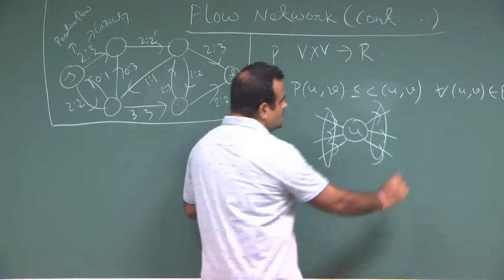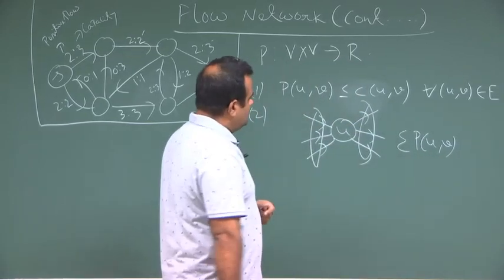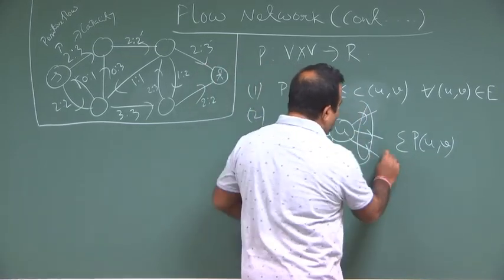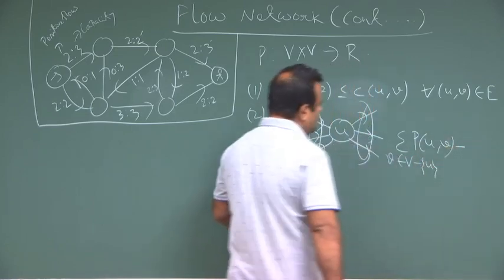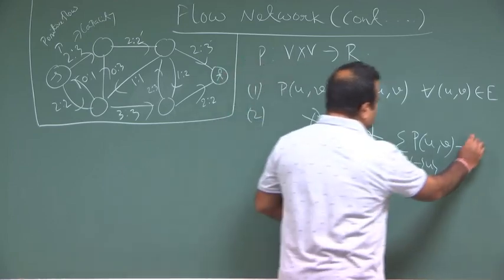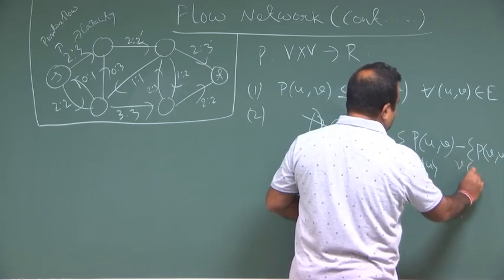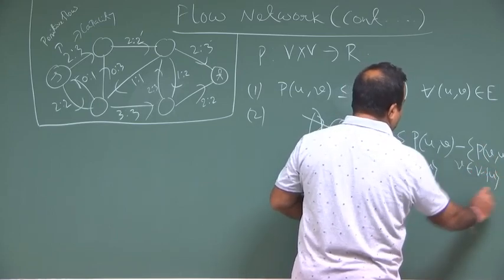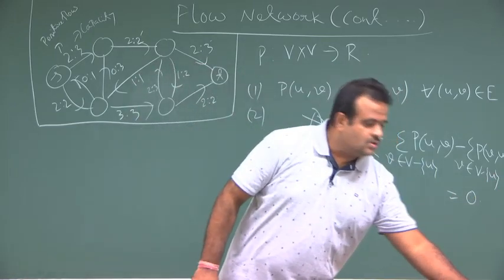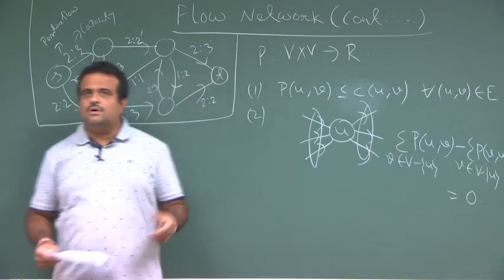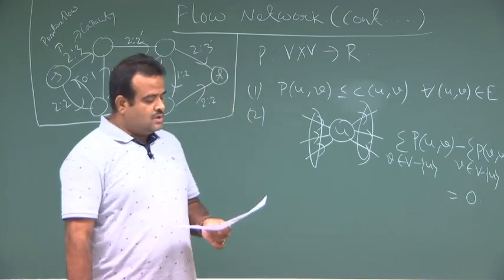So the summation of P u v, this is the flow going out, v belongs to V minus u, minus the summation of P v u, v belongs to V, should be 0. That means no flow consumption should be there. This is one of the properties, called flow conservation.